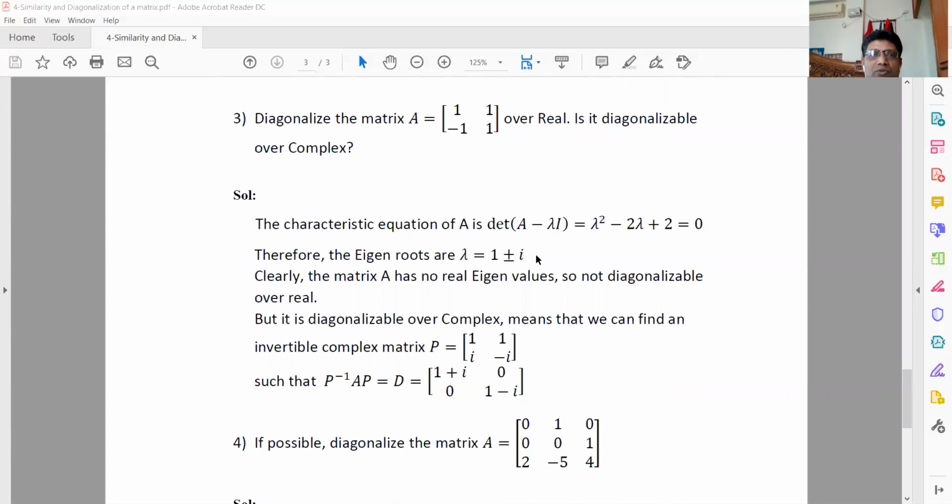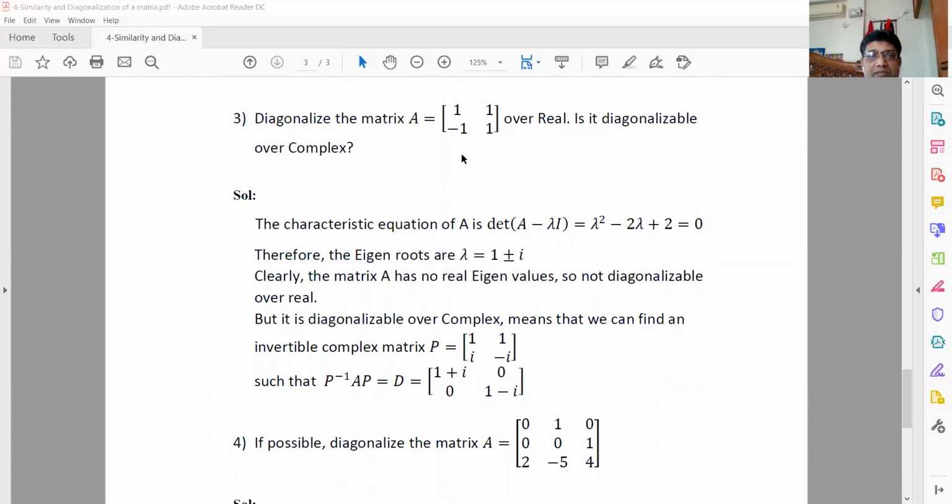Using these complex eigenvalues, I cannot diagonalize over real. Clearly the matrix A has no real eigenvalues. We got complex eigenvalues. Therefore, it is not possible to diagonalize the matrix over real.